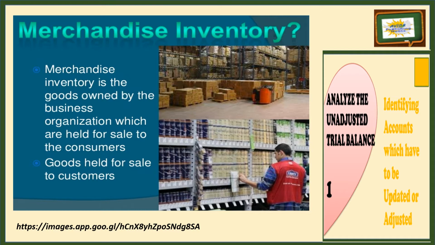Merchandise inventory, also called inventory, is a current asset with a normal debit balance, meaning a debit will increase the value of the asset and a credit will decrease the value of the asset.